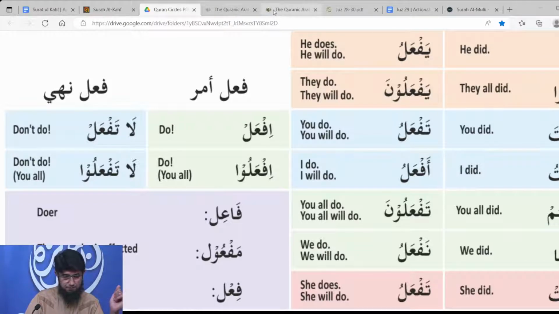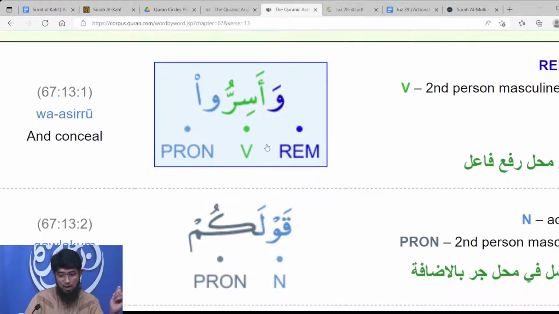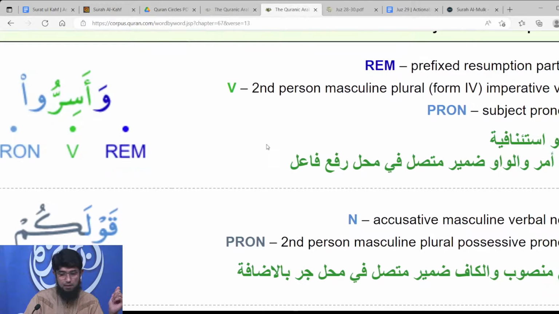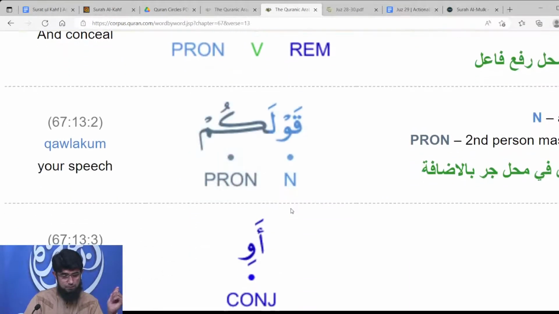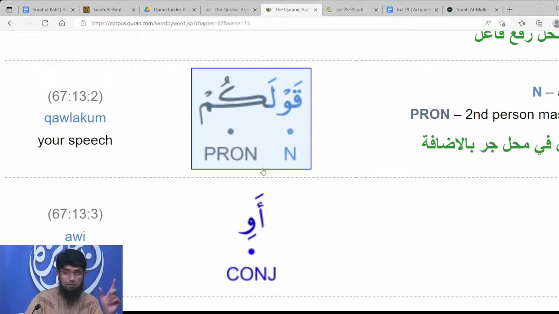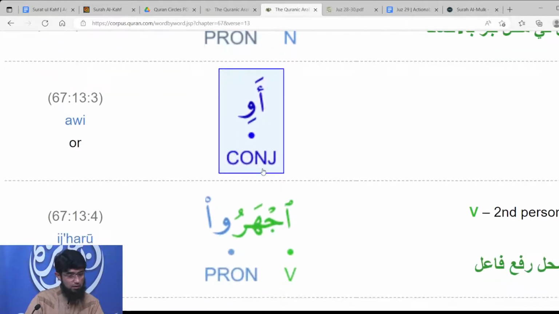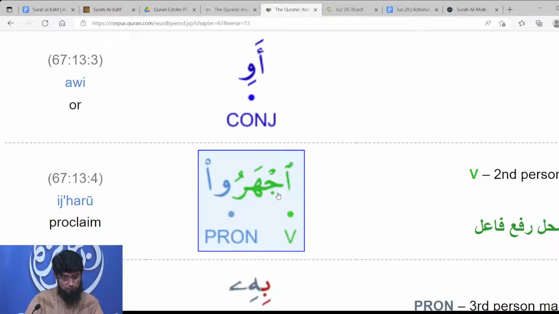It's not fully following this pattern because of some other reasons, but that's one of the hints that you can have. So wa asirru, and whether you hide qawlakum, your speech. So yours is coming from kum, okay? Aw, or ijharu. This is a great example. The first root letter, which is what?